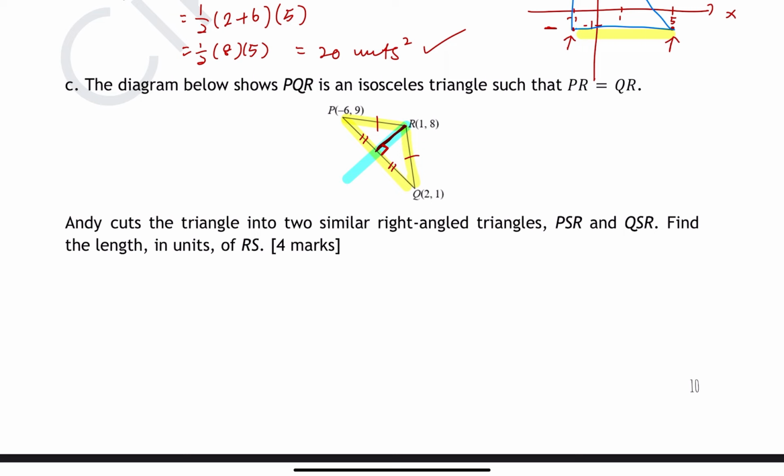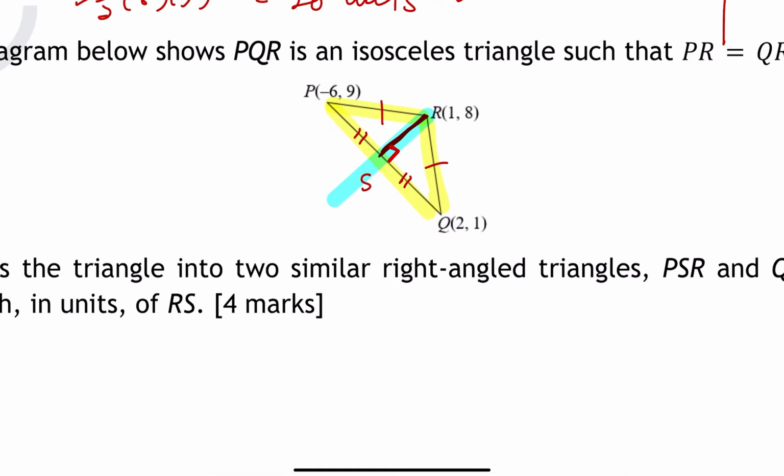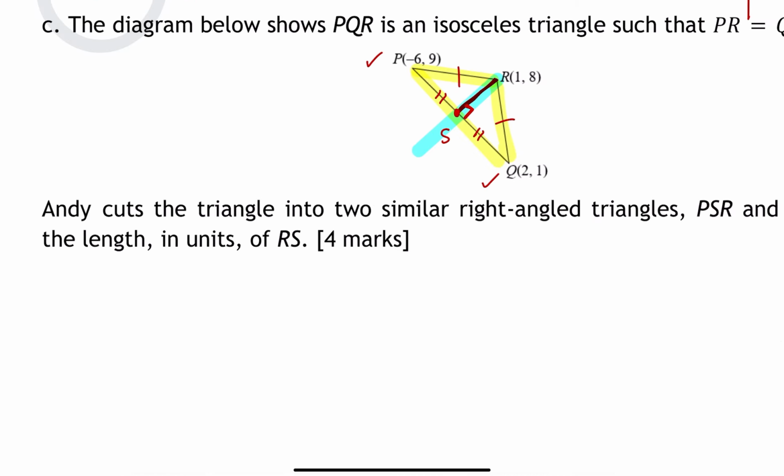Okay, so to get your length RS, let's say this is your coordination S. To find this coordinate, basically you need to find the midpoint in between your P and Q first. So you can start by checking your S (x, y) equals to the formula for midpoint. So midpoint, again, it is the average of the two sets of your coordination.